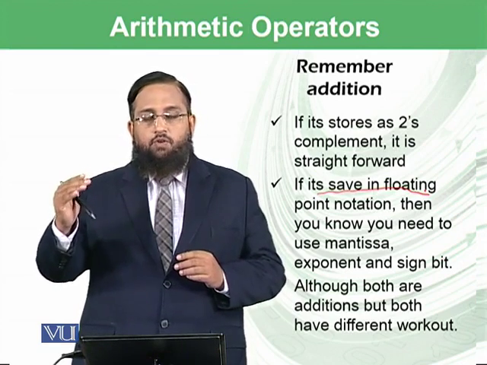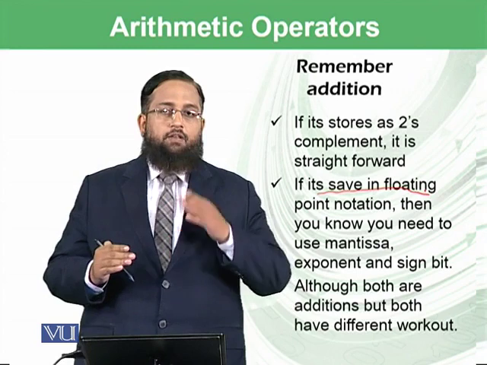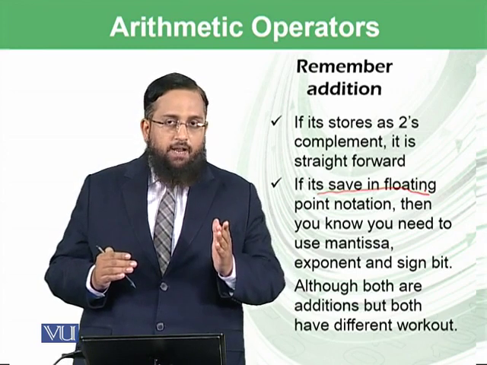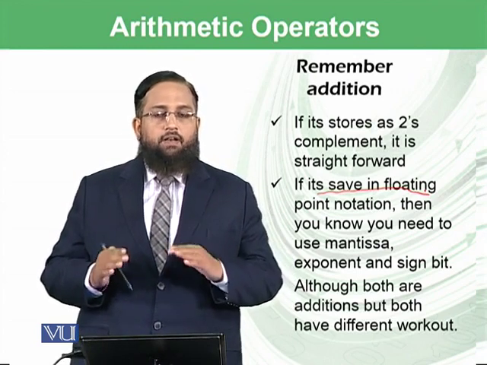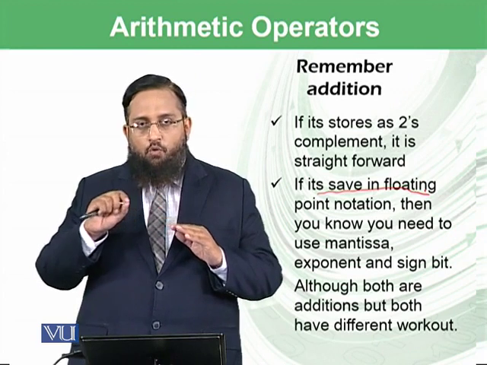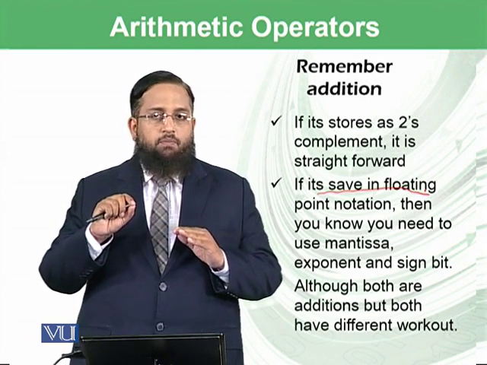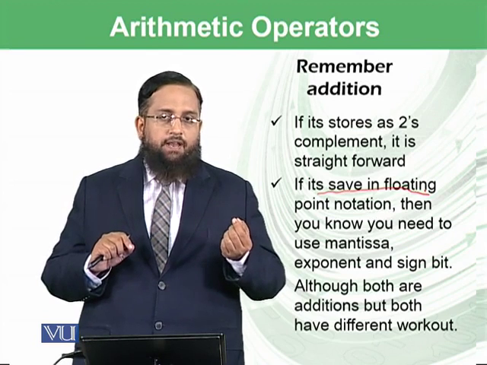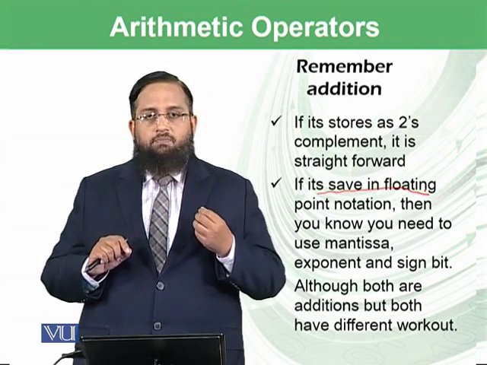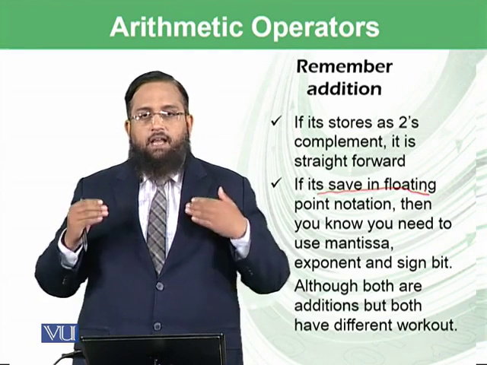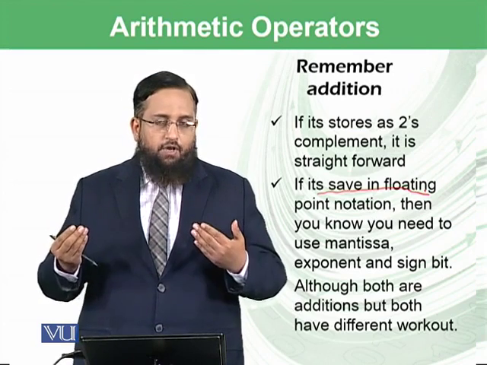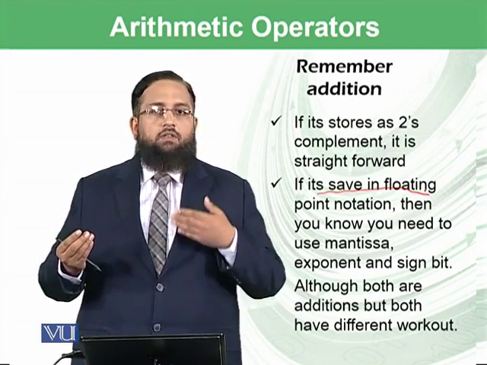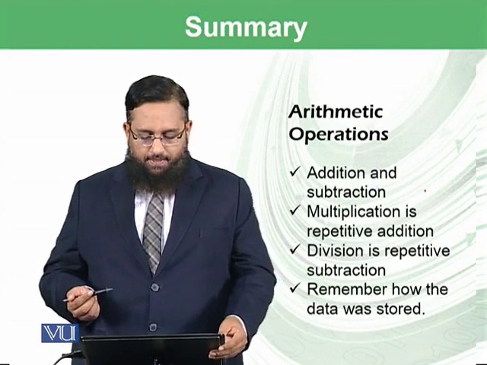First you need to extract the mantissa, then you need to see the exponent, and based on the exponent field you need to move the radix point or decimal point within the number, and then you need to see whether the number is positive or negative using the sign bit. So in such a case, the addition would be totally different. It also depends on how the values have been saved.